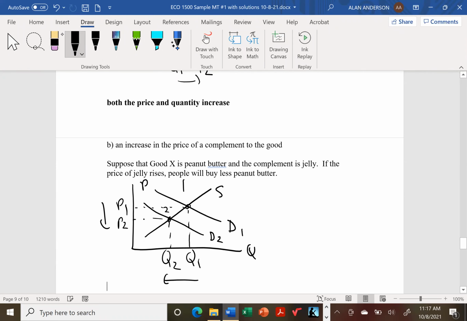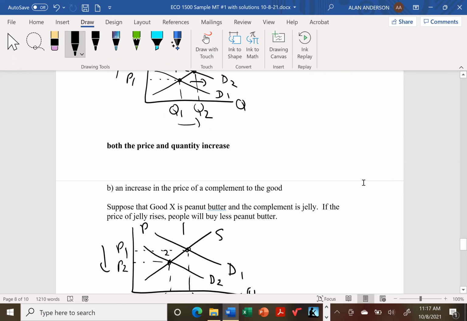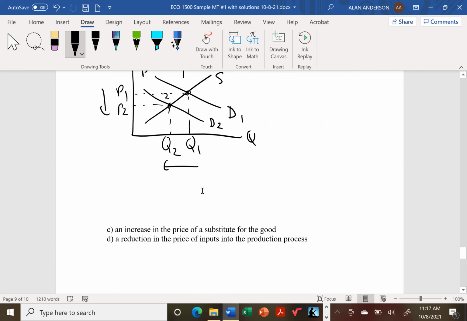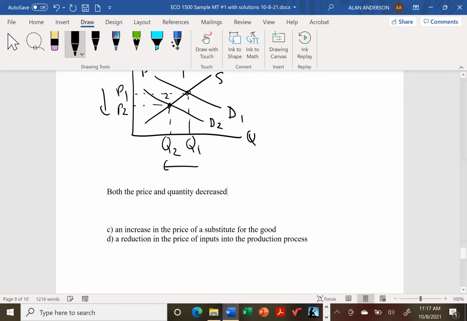If the demand going up causes both the price and quantity to increase, well, then it must be true that the opposite, a decrease in demand, will lead to the opposite. So here, both the price and quantity decreased. Okay, or decrease, whatever.